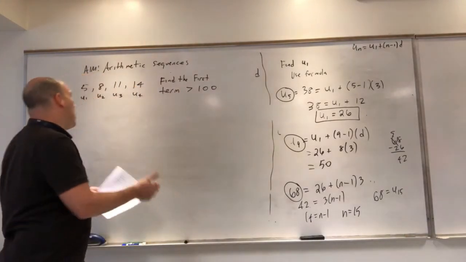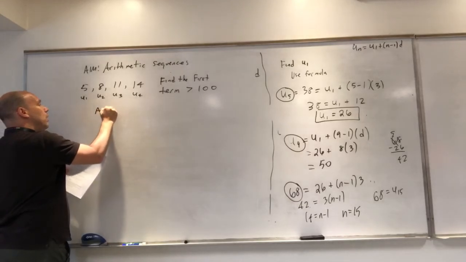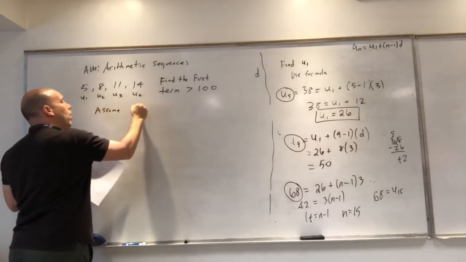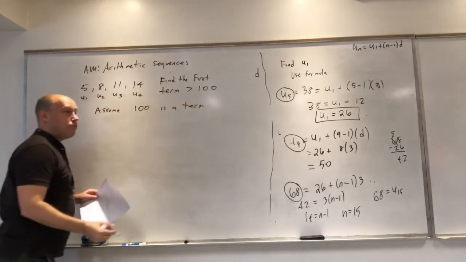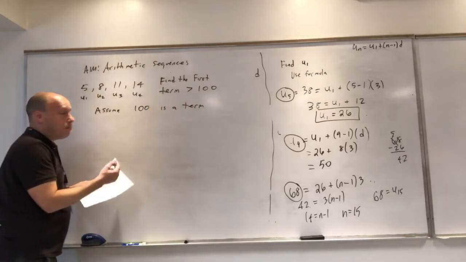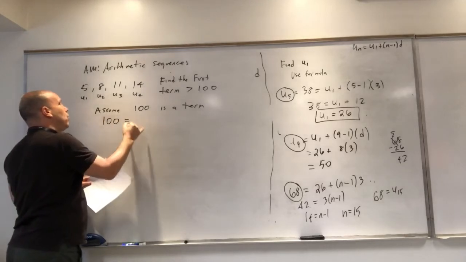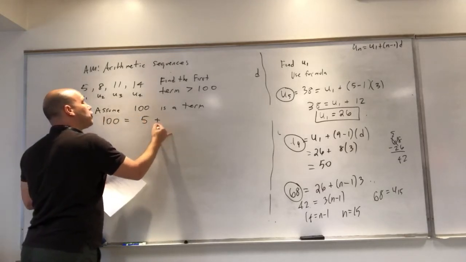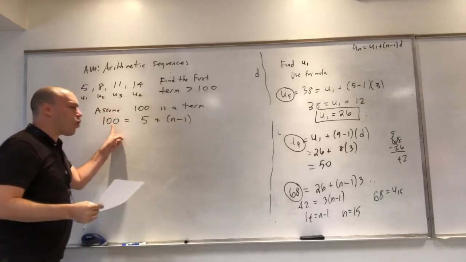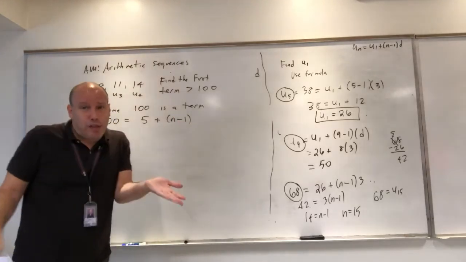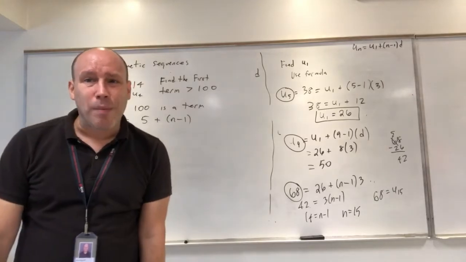Okay, well, I'm going to assume that 100 is a term. So I use the formula. 100 is equal to 5 plus n minus 1, because I don't know what term this is. I'm assuming it's a term, I just don't know which term it is.